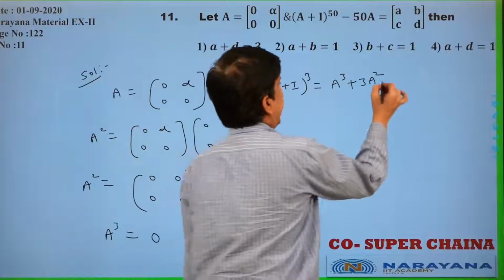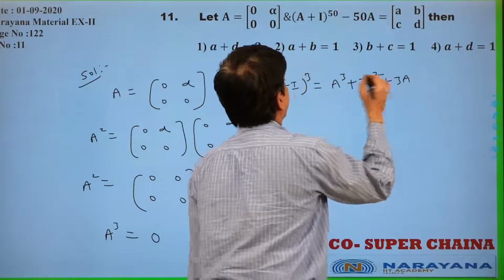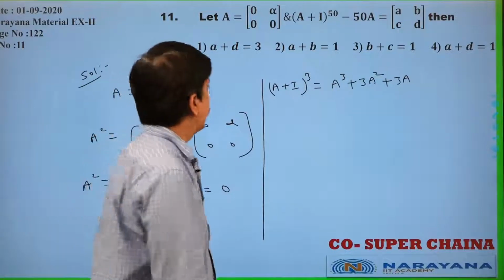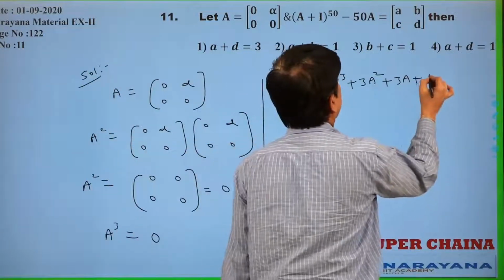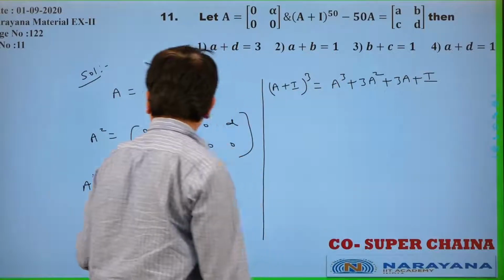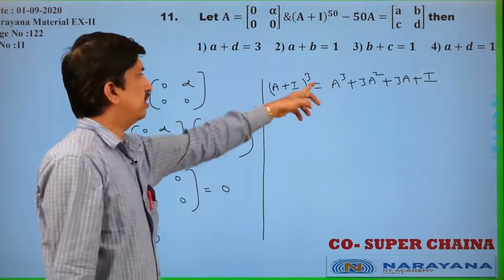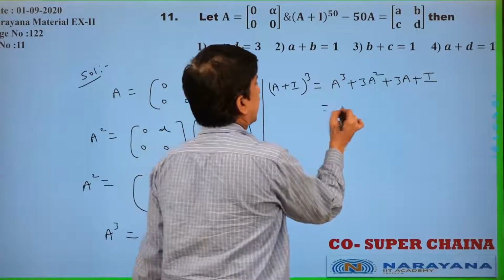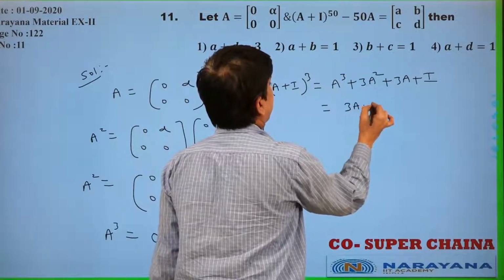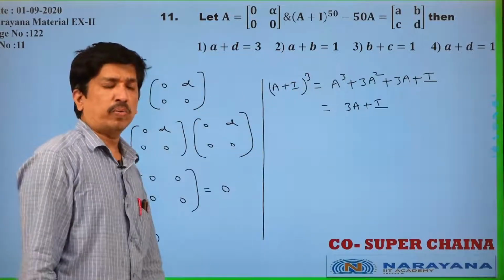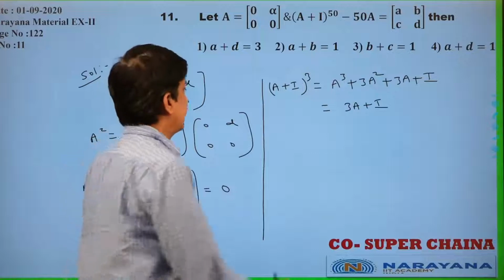Plus 3AB square, 3A I square, I square is I only, so you will get 3A, plus I cube, that is nothing but I only. Just observe that one: A cube is a null matrix, 3A square is also a null matrix, this is 0, this is 0, that result is nothing but 3A plus I we are getting. (A plus I) whole cube is equal to 3A plus I.